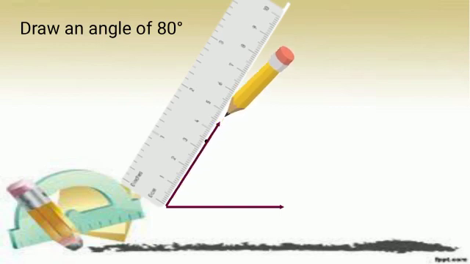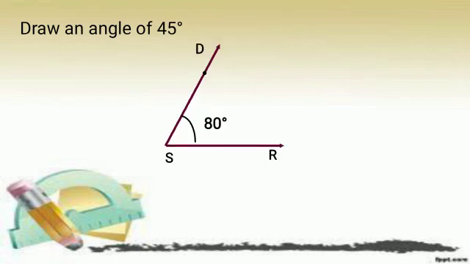Then you give the name. I have given the name DSR. It's up to you, and you write the measurement as 80 degrees. I hope this construction is clear to everyone. These two angles are acute angles.